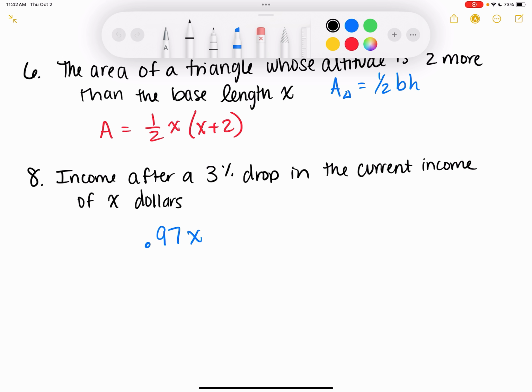So 16: one leg of a right triangle is twice as long as the other.